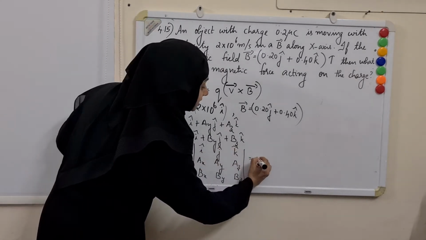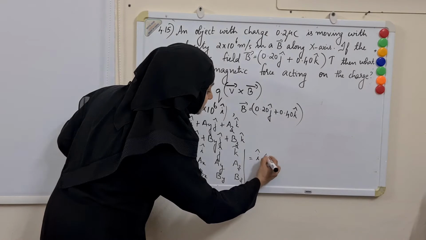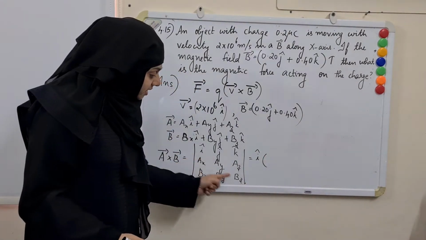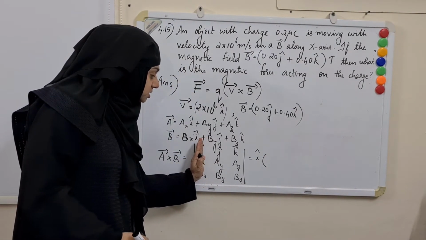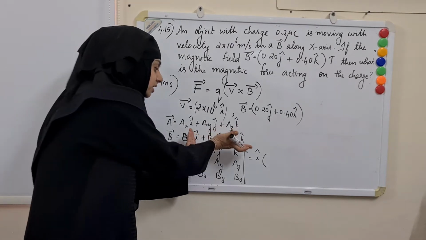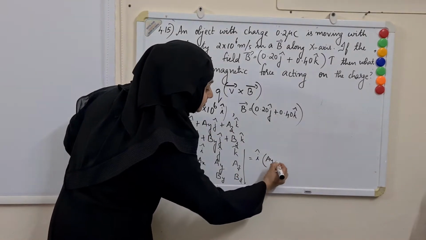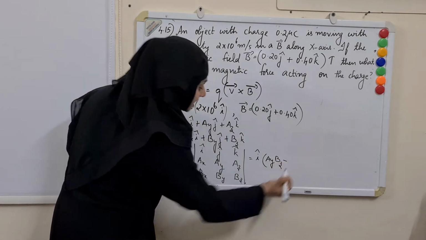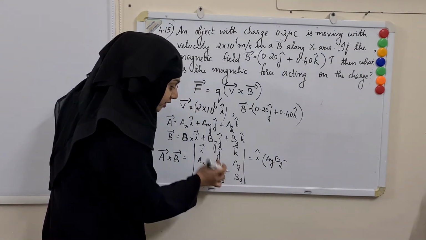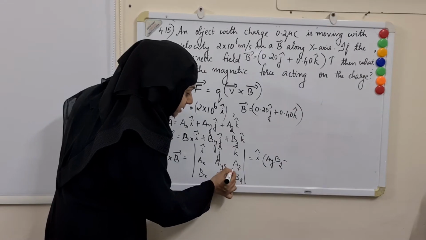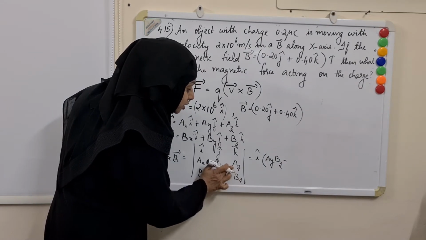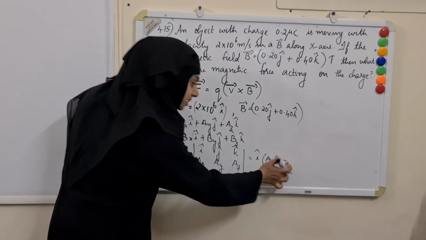That is i times, you have to multiply these two. Neglect this column and this row. So you have Ay Bz minus Az By. You have to cross multiply these two, but you have to put a minus sign in between.